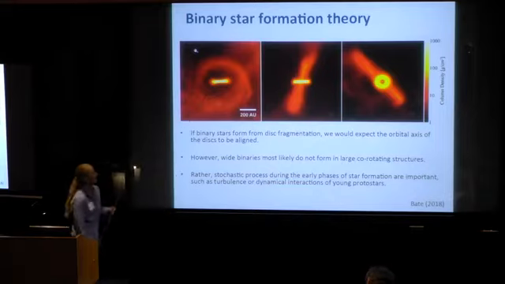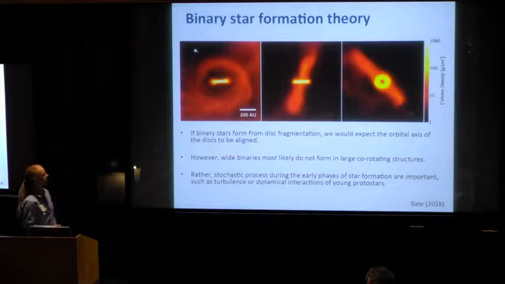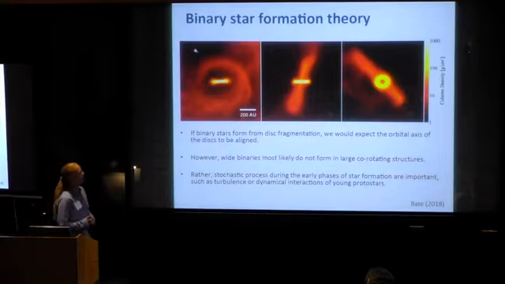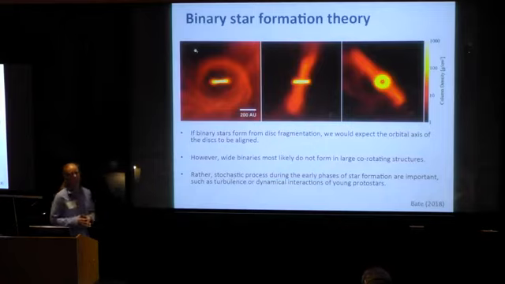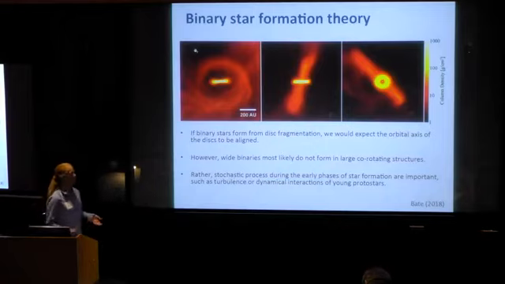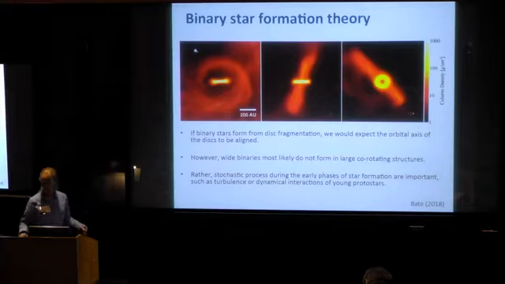Each panel just shows a different view of the same object. And you can actually see there's even two disks that have formed around this one binary. And the disks are misaligned to each other. So these have occurred from different accretion events during the star formation process. So it's likely that turbulence within the cloud actually affects the alignment of these disks.